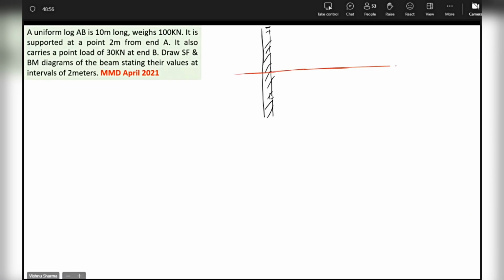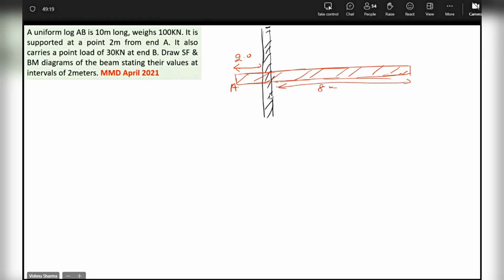Again, I am keeping with the left side lesser one. So let's do it only one way. Is it a log of wood? Yeah, it is a log of wood. So I have taken it like this. This is the beam. It's 10 meters long, so it's 2 meters on this side, and obviously 8 meters on this side.